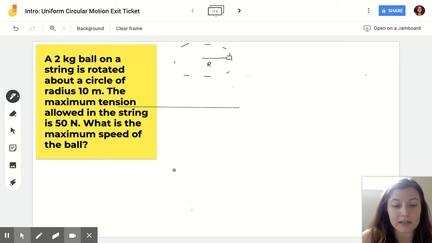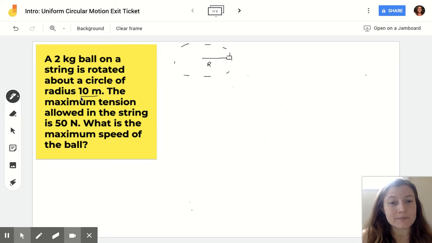And we're told that that radius is 10 meters. So the length of the string, aka the radius of the circle, is 10 meters. And then the object, the ball that is attached to that string, has a mass m of 2 kilograms. We're told that the maximum tension that string can hold, T, is 50 newtons. We want the maximum speed of the ball.